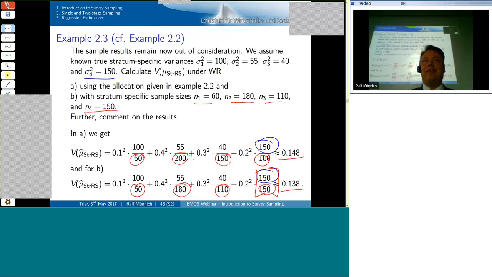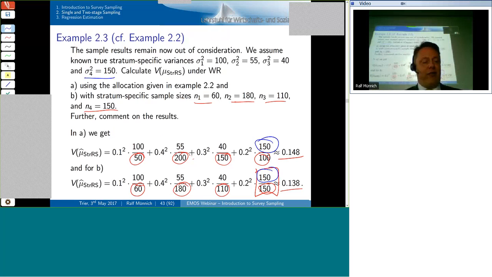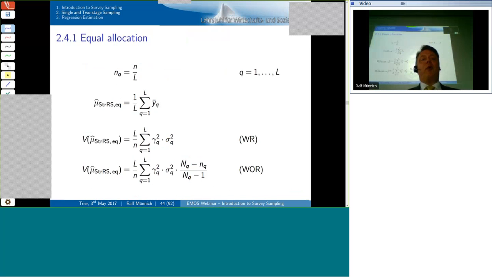Any idea? Well, we try to minimize the variance of the estimator with respect to the variable sample sizes. But before we do that, we think about some easy allocations.